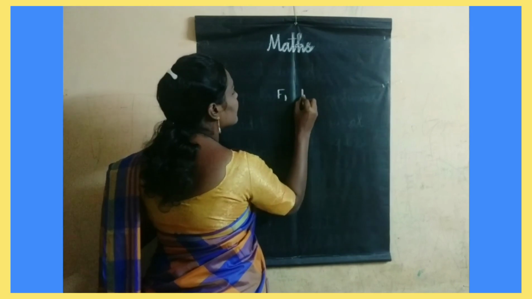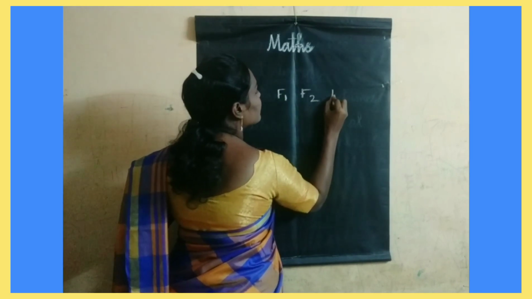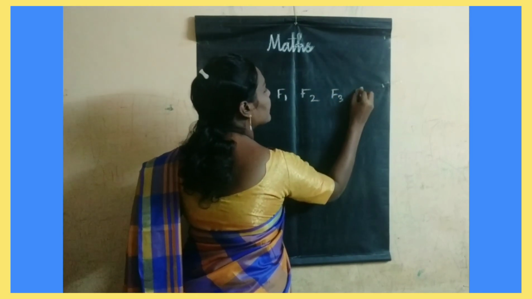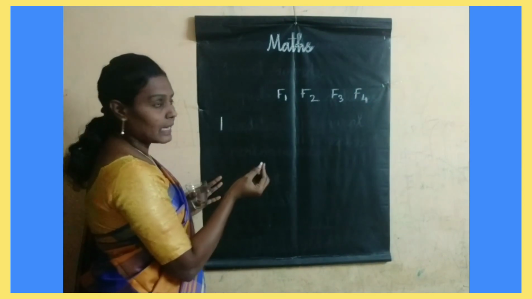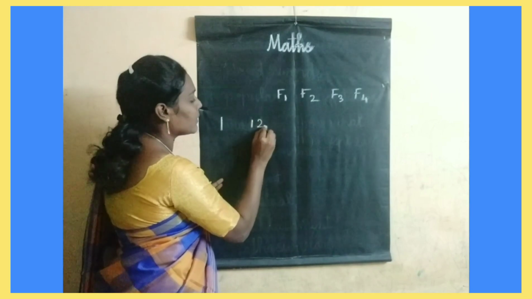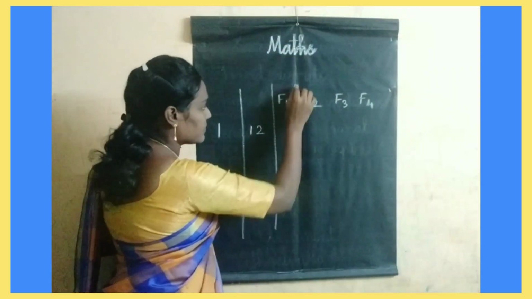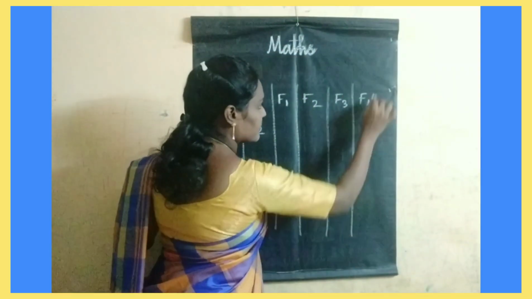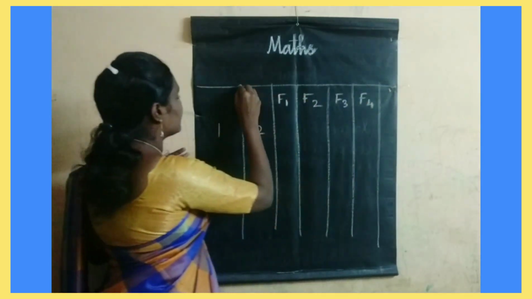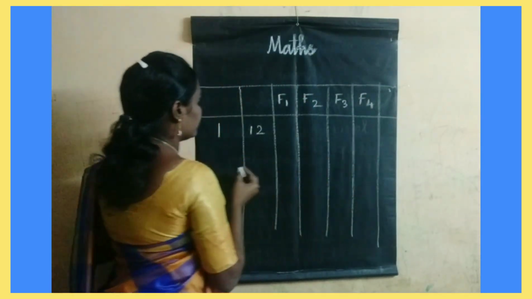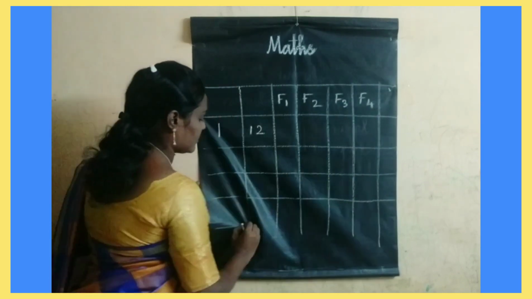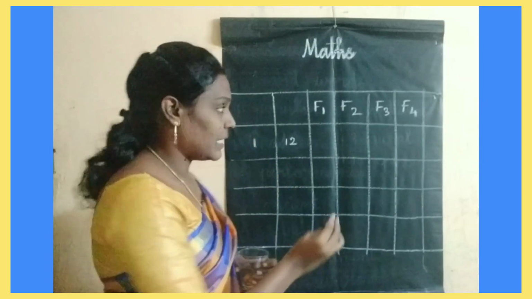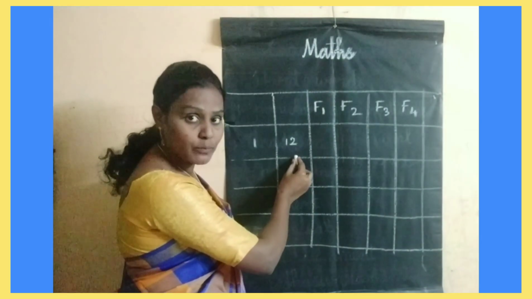Friend 1, friend 2, friend 3, friend 4. First step, I have 12 badams.